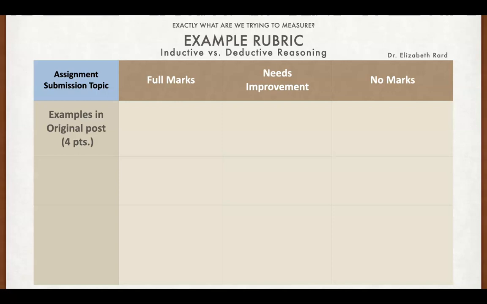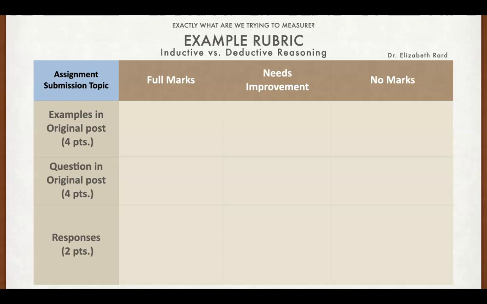The examples that they came up with in their original post. Okay? Oh, and I didn't mention that all of her discussions in her course are worth 10 points each. And so this assignment is worth 10 points. Okay, so that's one of the big things is the examples they provide. That's 4 points. The question in the original post that they pose, okay, that's 4 points. And their responses to their peers are 2 points.